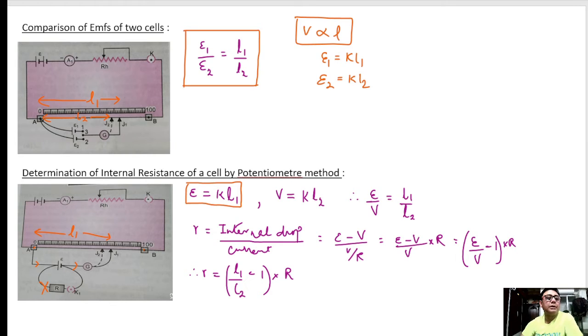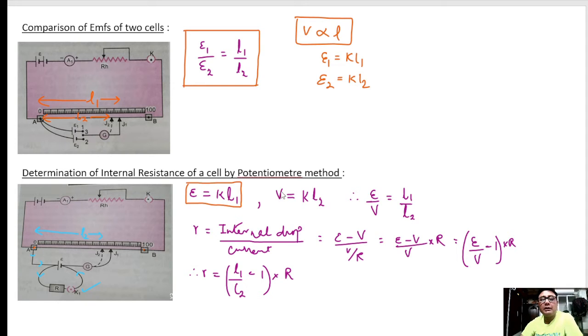Now our target is to close the key K1, so current will also flow through this part and this part. So now let the potential developed be balanced across the length L2.